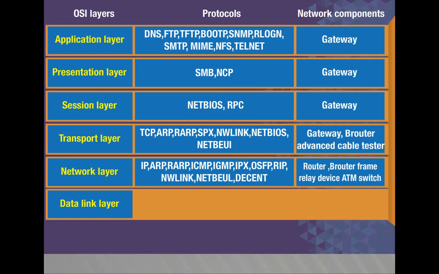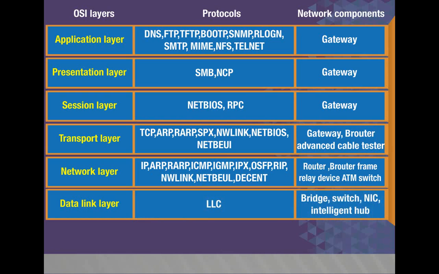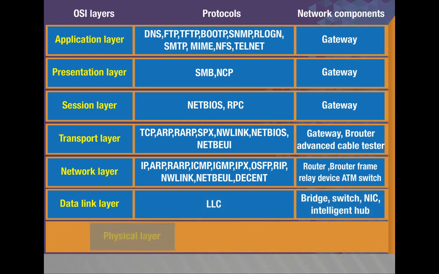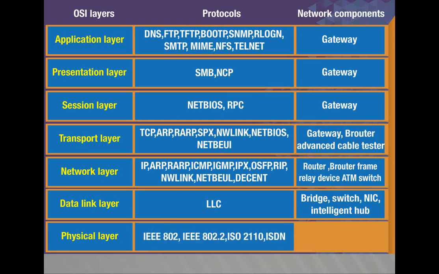Data link layer: LLC. Bridge, switch, NIC, intelligent hub. Physical layer: IEEE 802, IEEE 802.2, ISO 2110, ISDN. Repeater, multiplexer, hub, amplifier, oscilloscope.